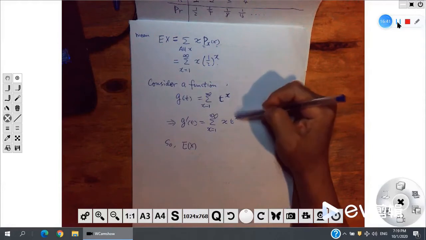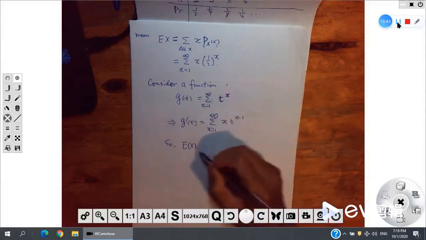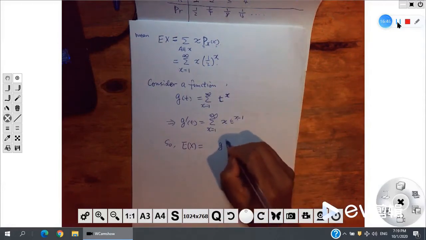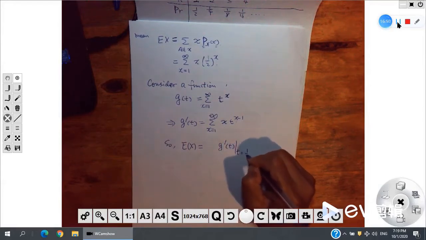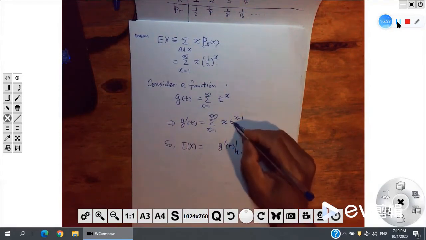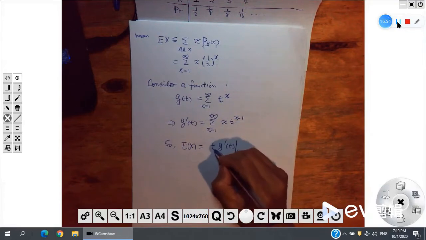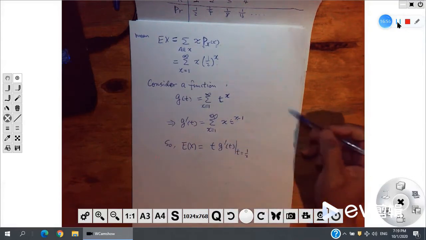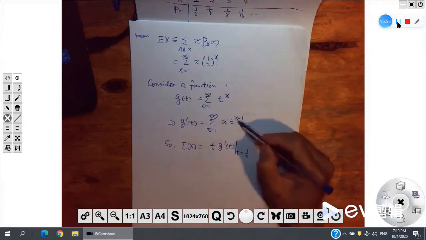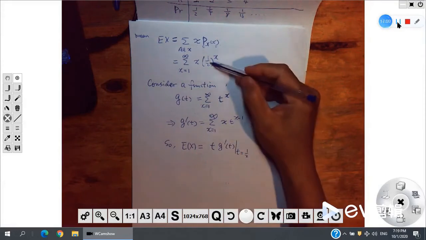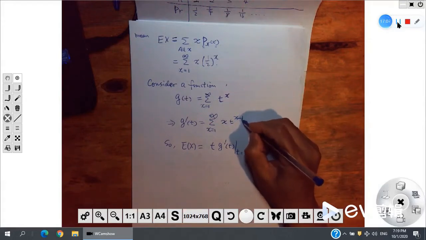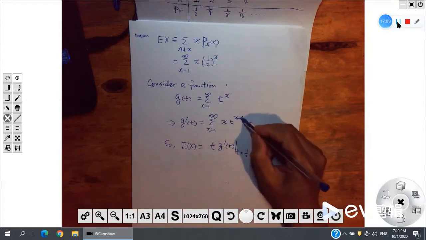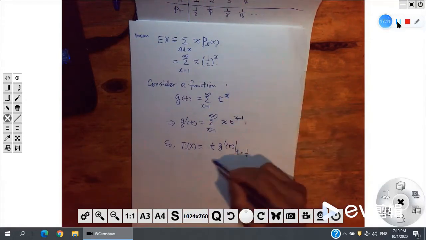You compare these two. E[X] is g prime of t equal to 1/2, and you need to multiply by one more t. You get it? For g prime, you multiply by one more t, and t is 1/2. Times one more t, you can remove this x minus 1, so it becomes x. So you have this one.